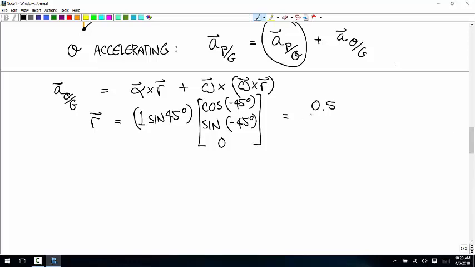Which way? And then negative 0.5. Right, 0.7071 squared is 0.5. Is that right? There's no angular acceleration.